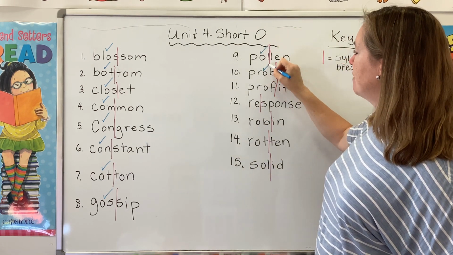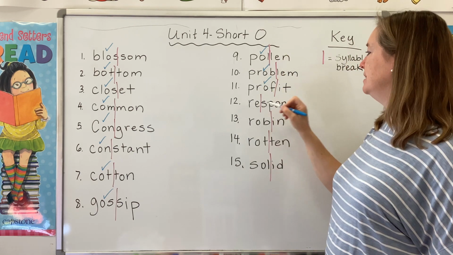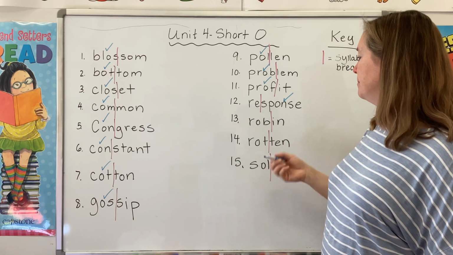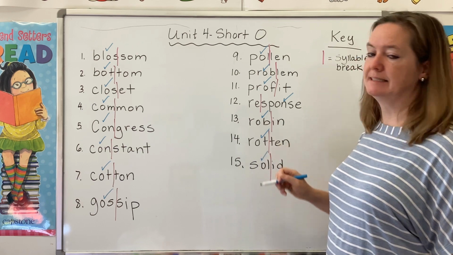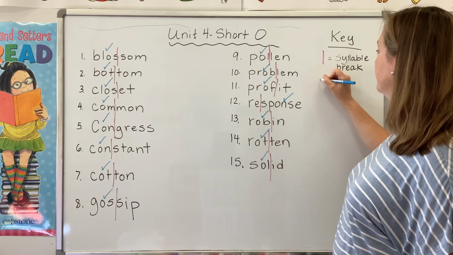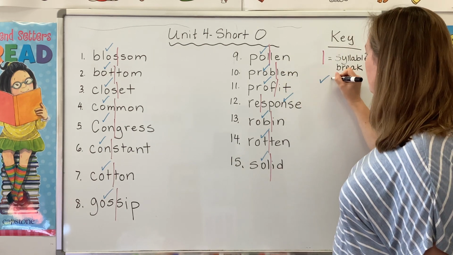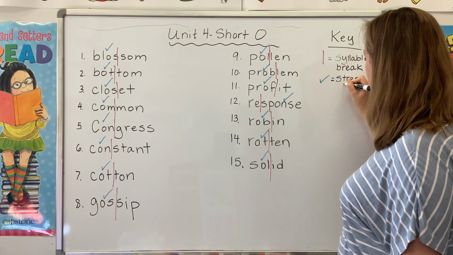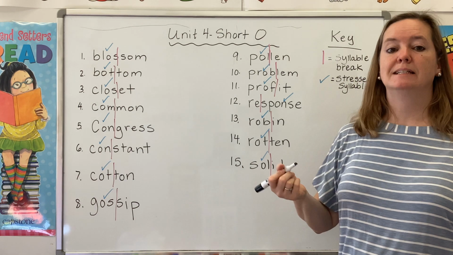Pollen, problem, prophet, but look at this one, response. This time it's the second syllable. Robin, rotten, solid. Blue check equals stressed syllable.